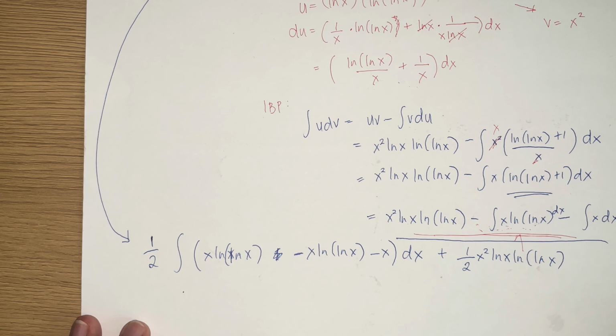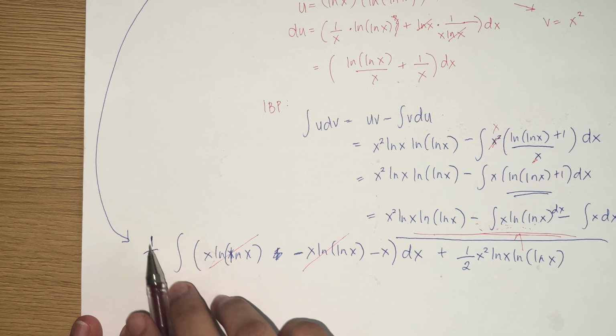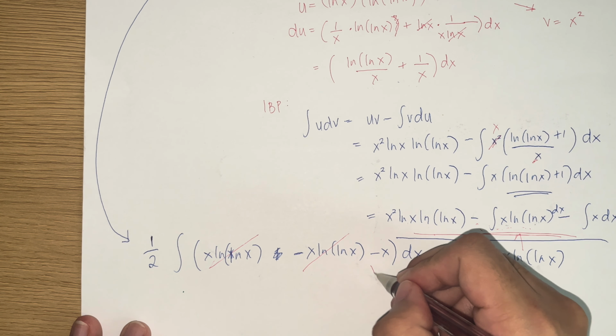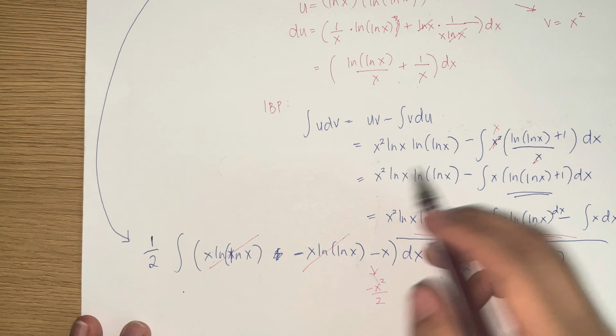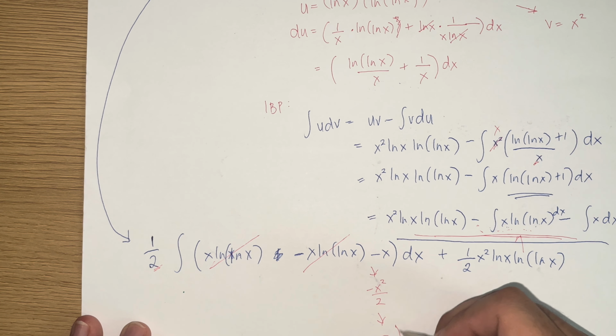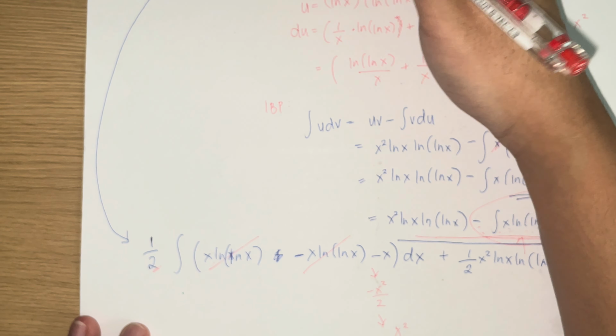And this thing right here would cancel out, leaving us with only 1/2 of the integral of negative x, which we know to be negative x squared over 2. So this part becomes negative x squared over 4. Is it clear? Again, this thing right here cancels out that thing from the start, from the original integral.